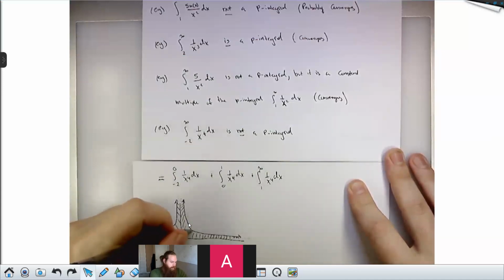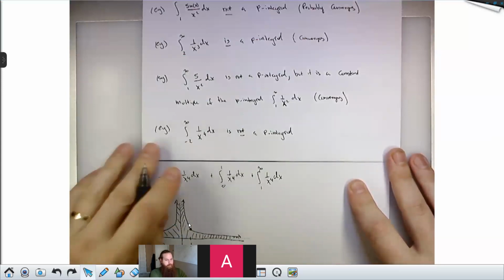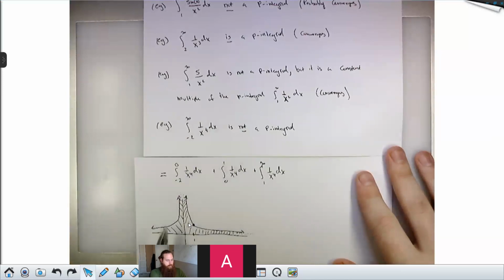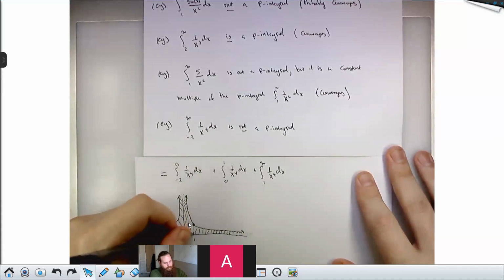So we have to split it. We do the integral -2 to 0 to take care of this danger spot. We do the integral 0 to 1 to take care of this danger spot, and then we do the integral 1 to infinity all separately.